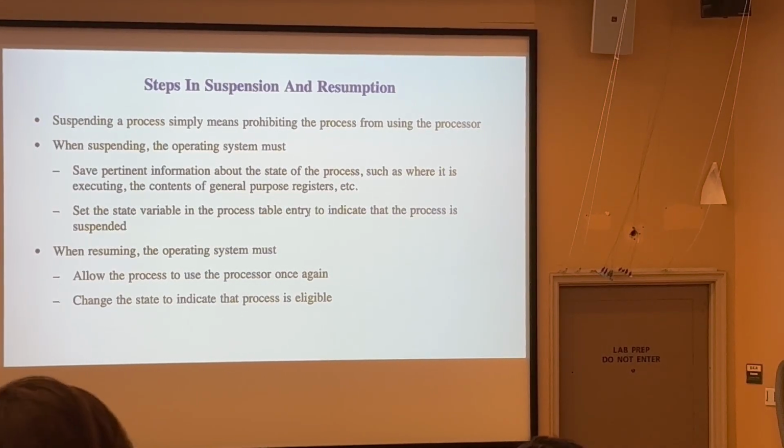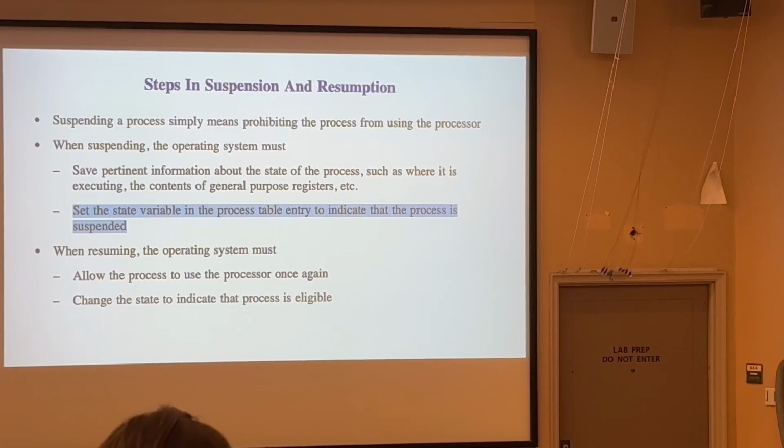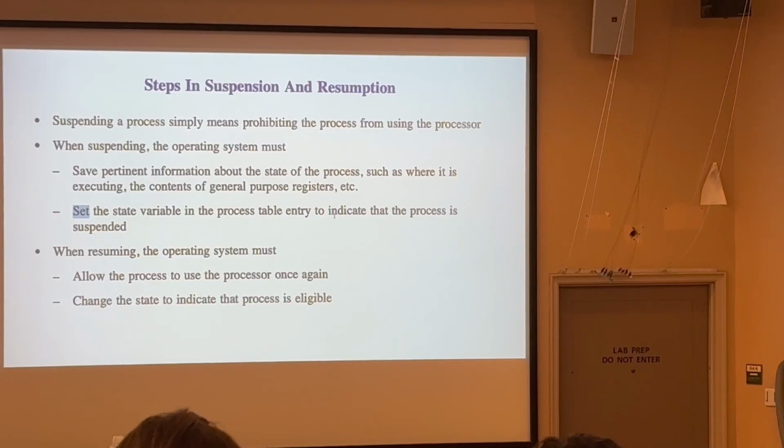But if you are suspending a process, you are not adding the process to the ready list anymore. You put it in a suspended state. This is the only difference: suspension puts it in the suspended state, while a normal resched puts the process in the ready list.